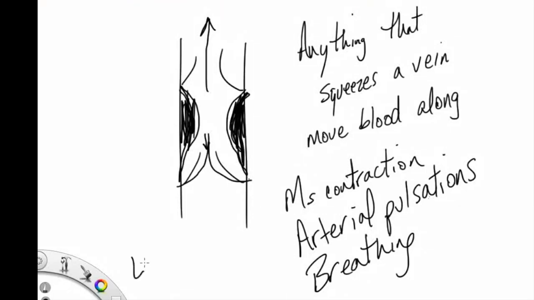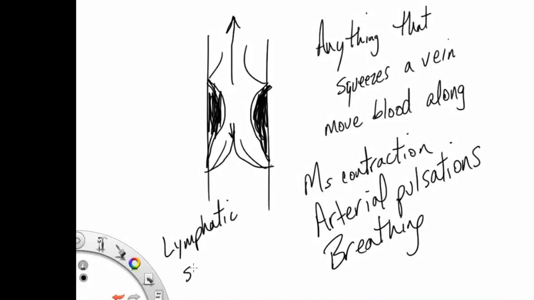Now, in the lymphatic system, we need to add smooth muscle contractions. Lymphatic vessels rhythmically contract. They have rhythmic contractions.